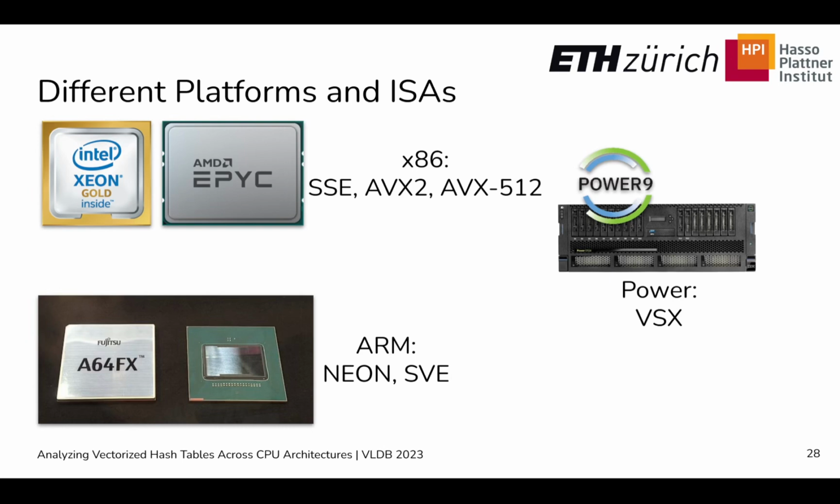And SVE already becomes very interesting because it's a whole new way of programming a vectorized program, because it is vector length agnostic. So basically you compile once and you run on any CPU implementing SVE, and you don't think about the vector register size. And Power has just one type of extension, which is VSX.